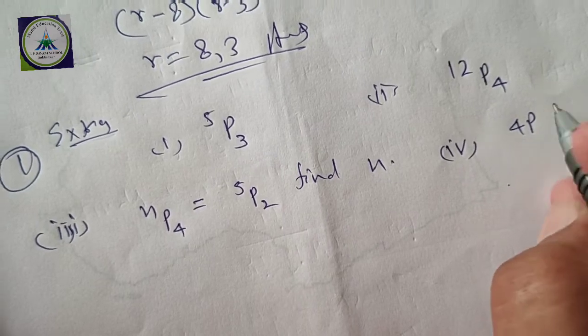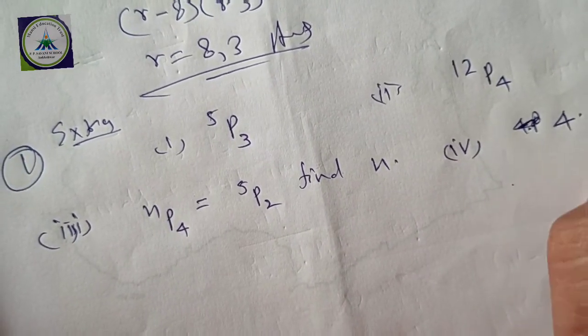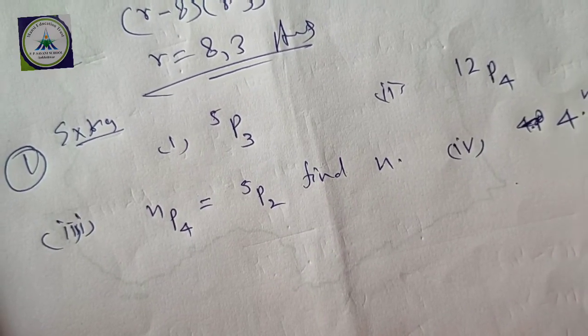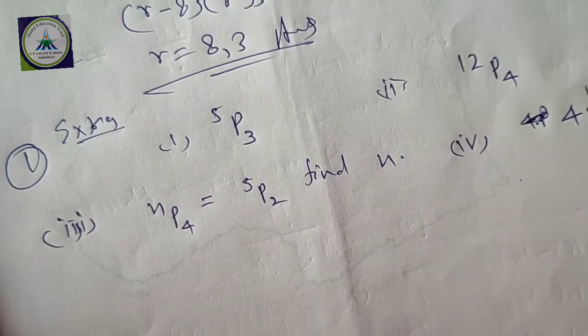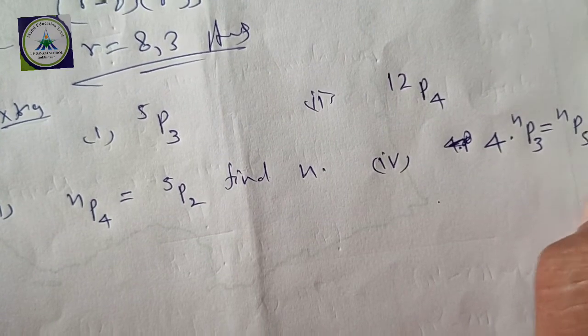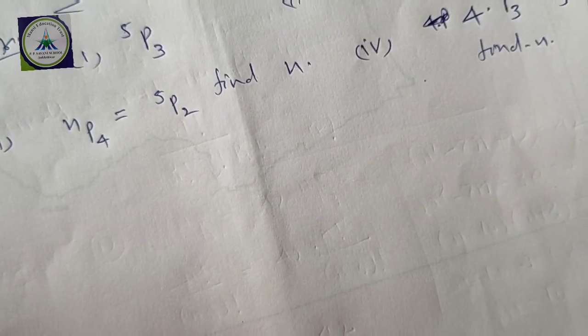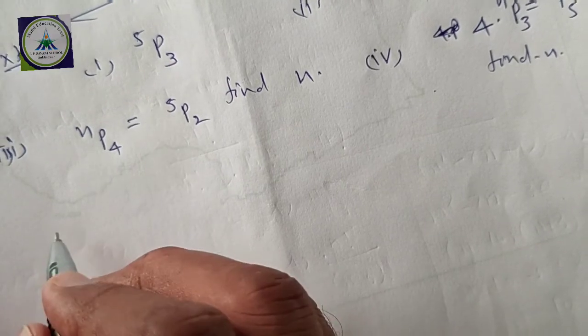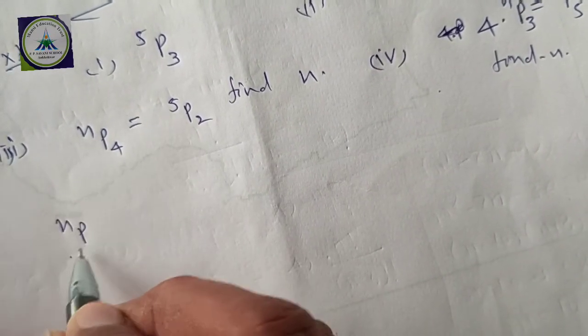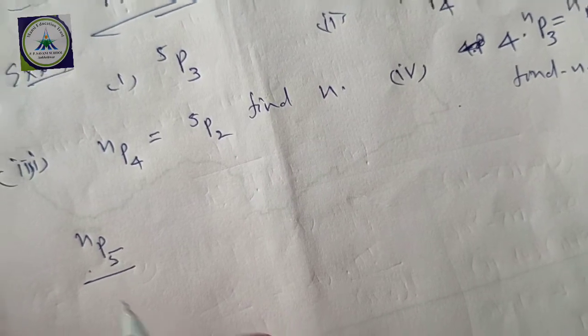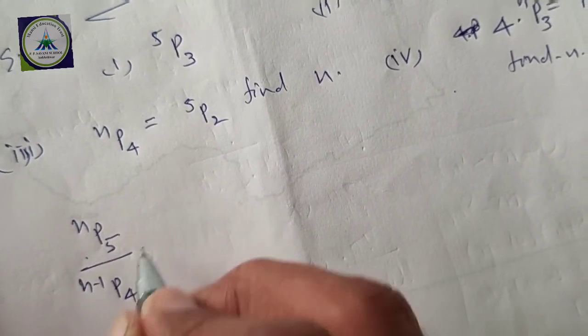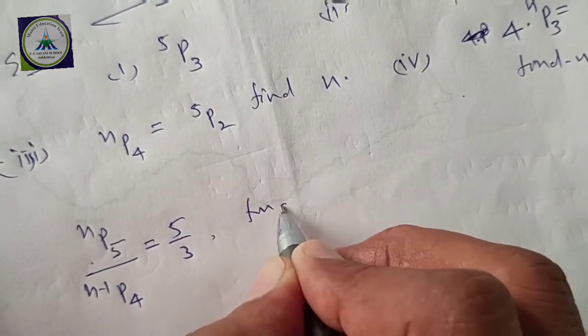And then the question: 4 times nP3 equals nP5, find n. And nP5 upon (n minus 1)P4 equals 5 by 3, find n.